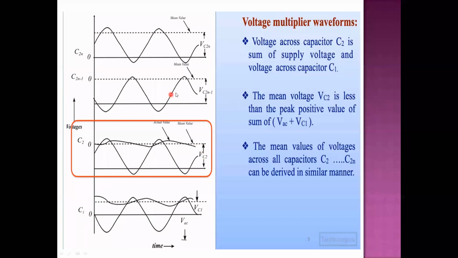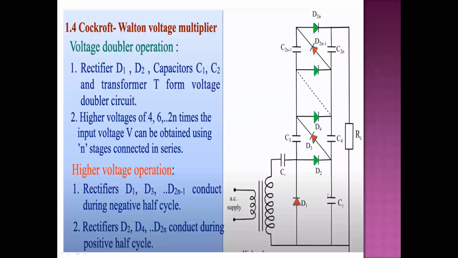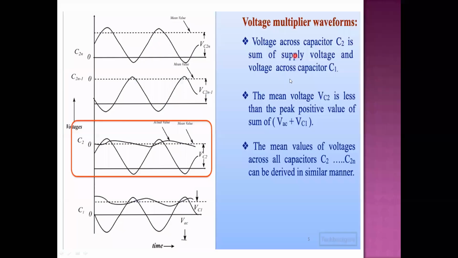Like that, the voltage across each capacitor goes on increasing. So the voltage across the capacitor C2 is the sum of the supply voltage and the voltage across the capacitor C1. Understood?